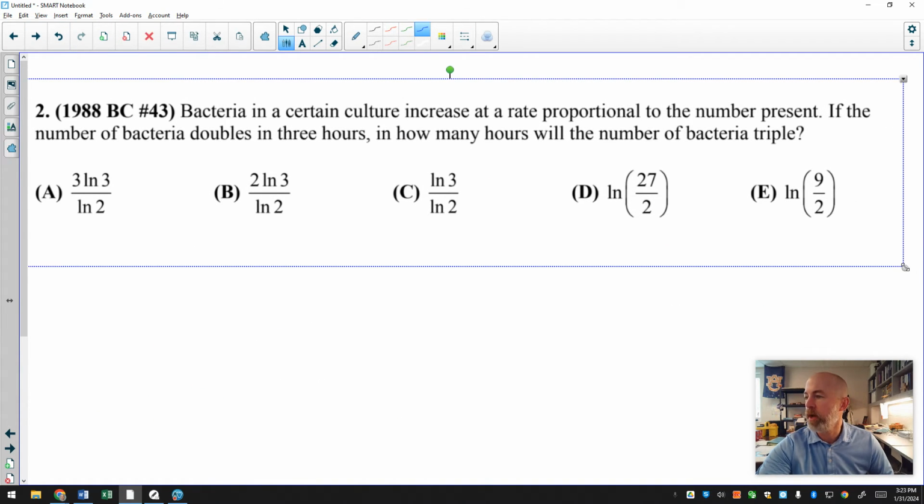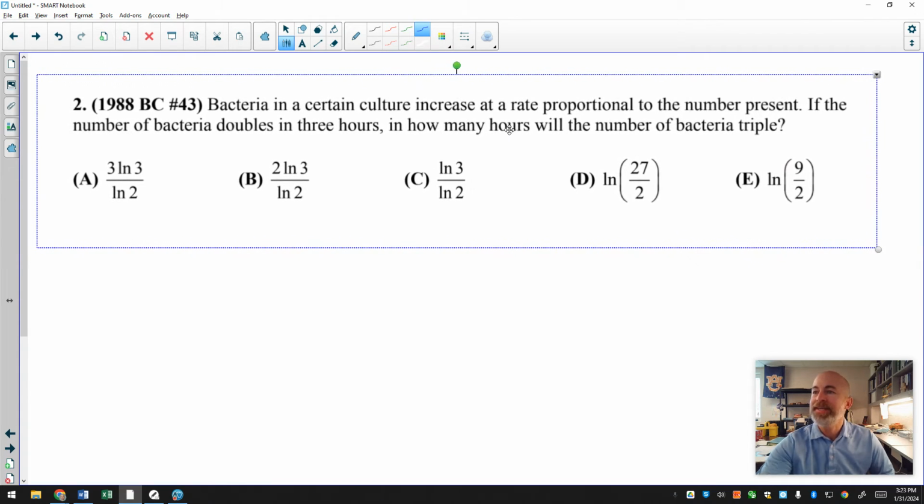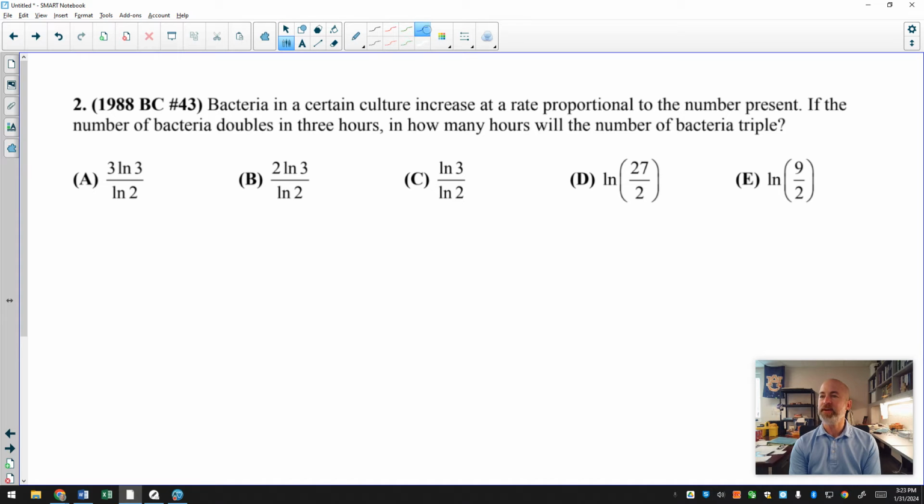In a certain population, the bacteria increase at a rate proportional to the number present. So there is a verbal description of a differential equation. They did not define any variables or anything. So I'm going to let B of t equal the number of bacteria. When I choose my own variables, I like to choose letters that match the situation.